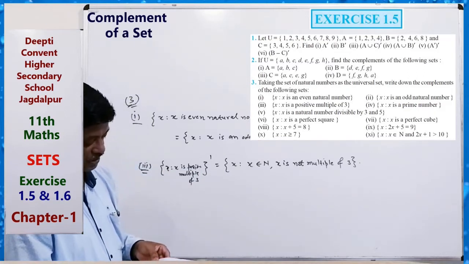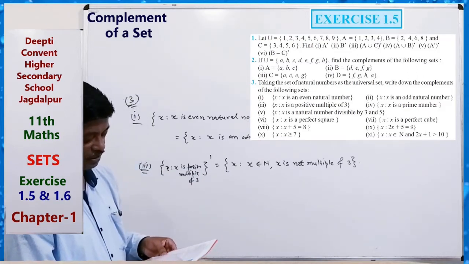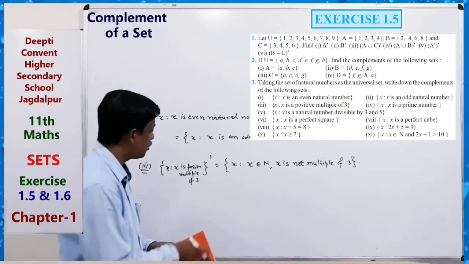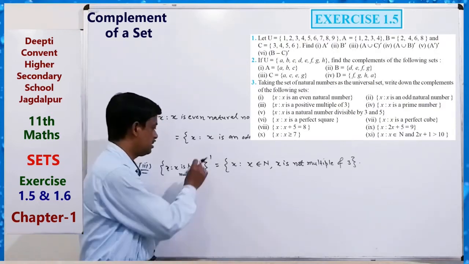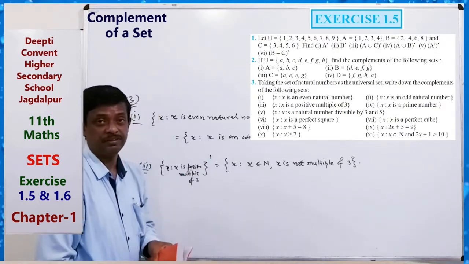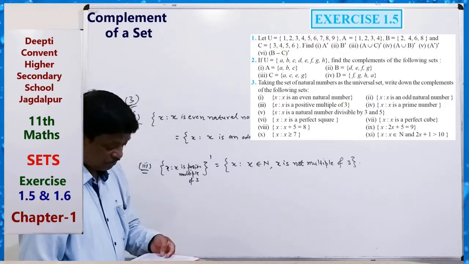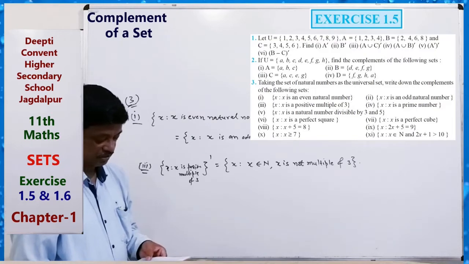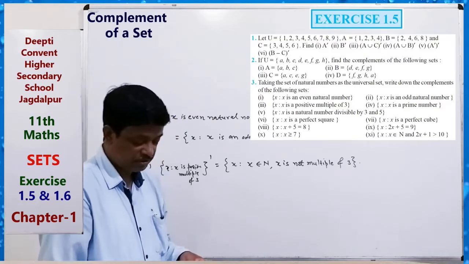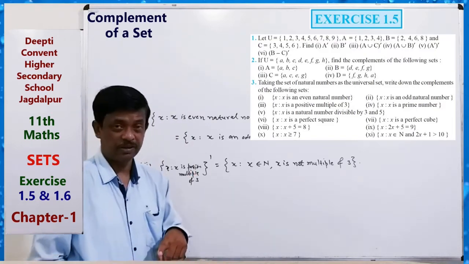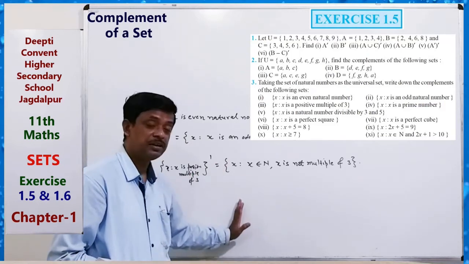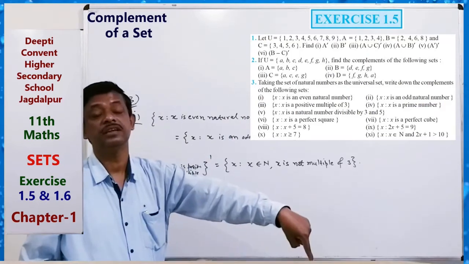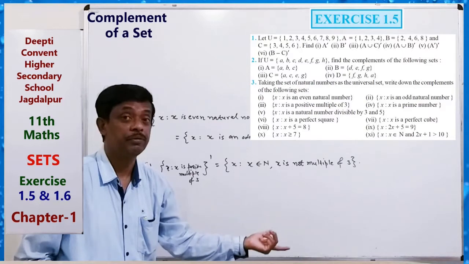Similarly, fifth question, natural number divisible by 3 and 5. Whenever we take complement, just behave as negative. Here, natural number x such that complement will be what? Natural number divisible by 3 and 5. So, x is natural number not divisible by 3 or 5.